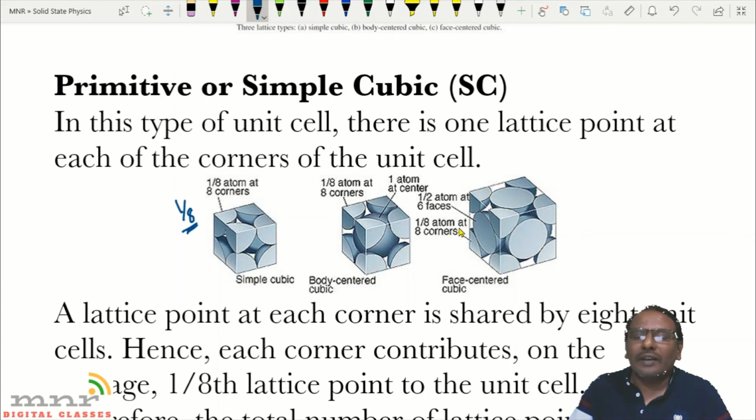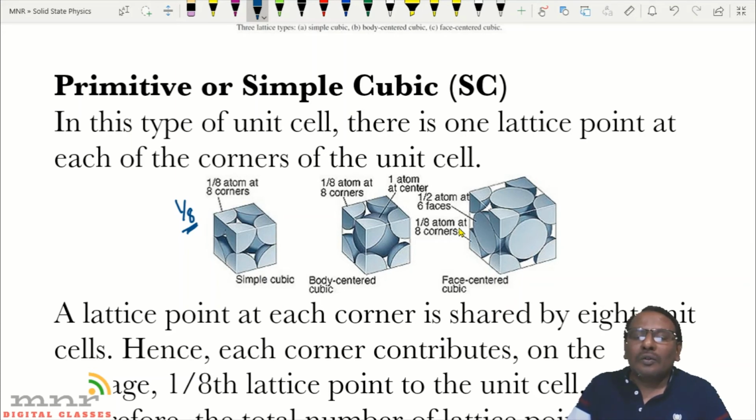Now observe here, if we complete the atom, then only 1/8 of this atom belongs to this particular unit cell, while the remaining 7/8 is distributed among the remaining 7 unit cells in its surroundings.